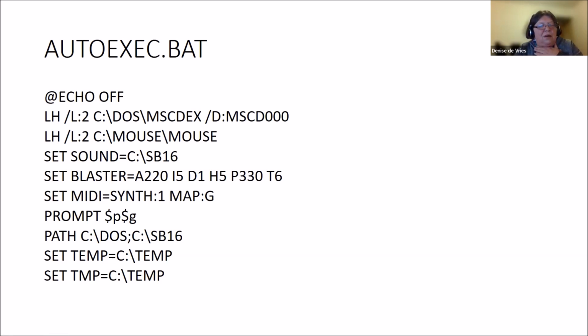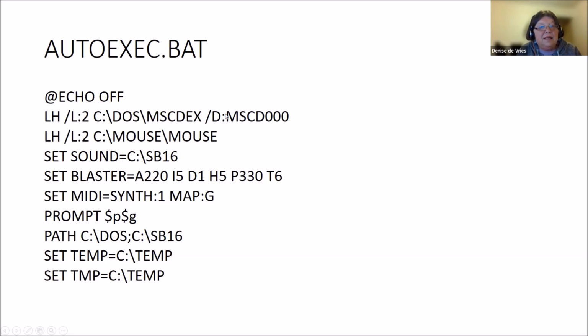So a typical autoexec.bat has commands like LH for load high into region 2 of memory.